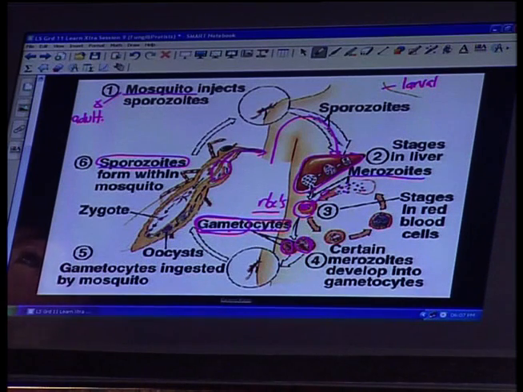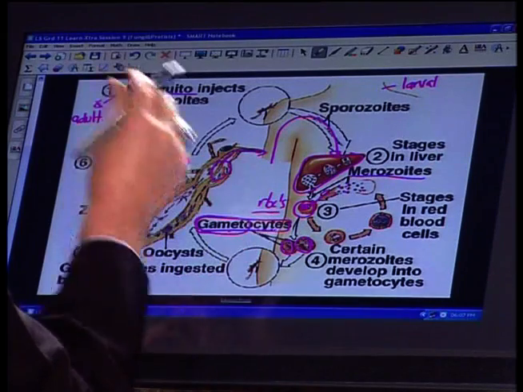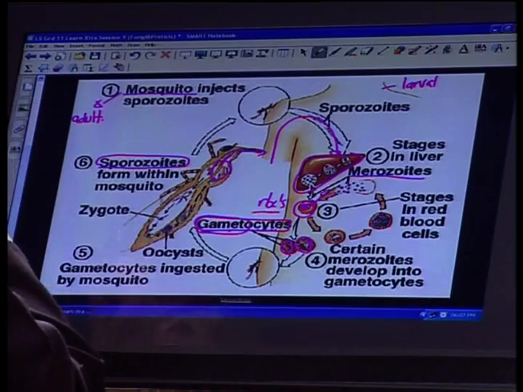circulating through your body until another female Anopheles mosquito comes along, uses her long mouth parts to pierce your skin. She injects her saliva, and as she sucks out your blood, she will suck out these gametocytes with it.